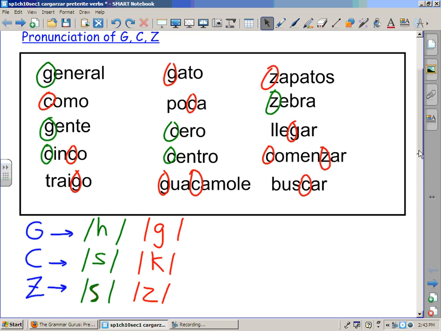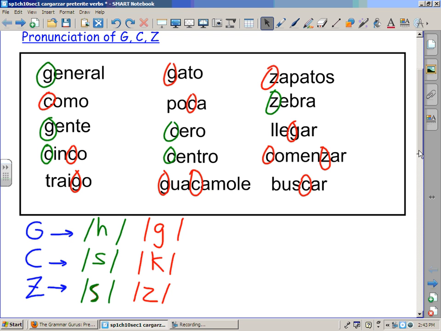Okay? E is soft, I is soft, and the rest are hard.